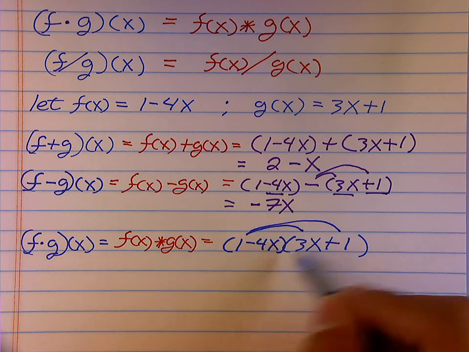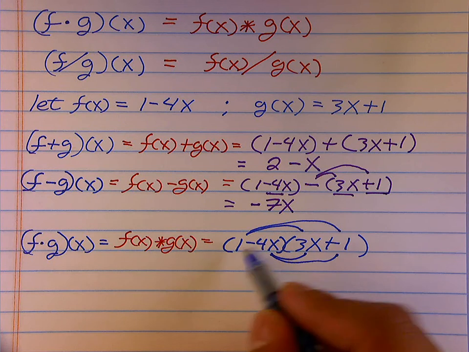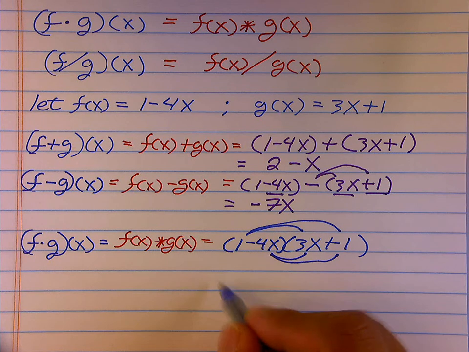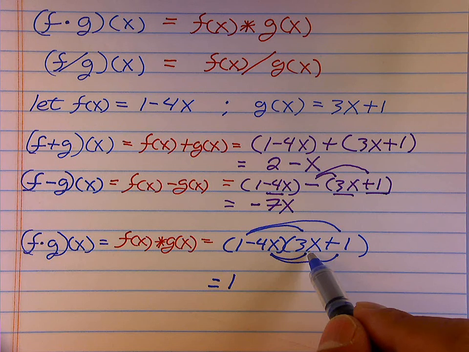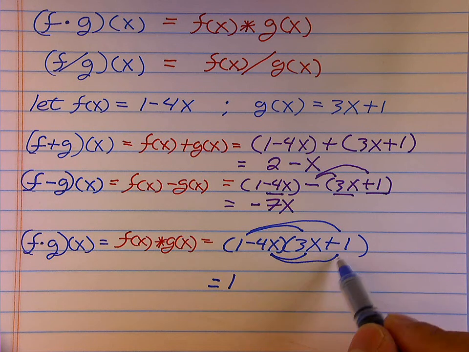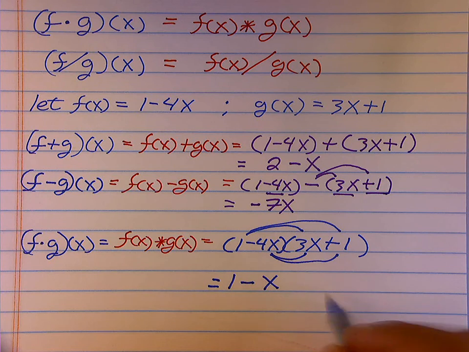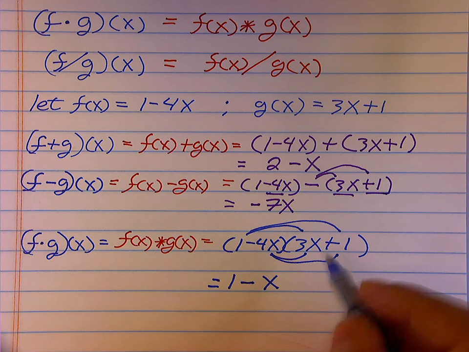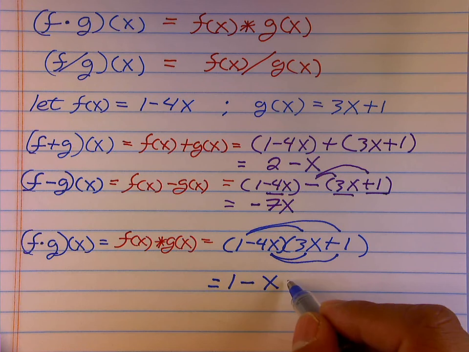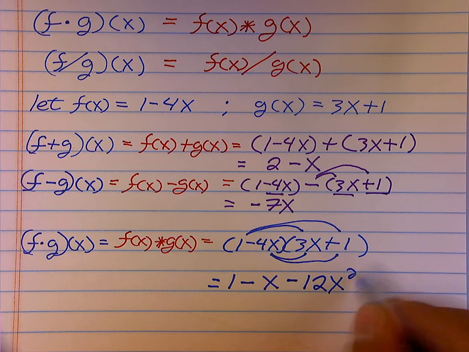First, outer, inner, last. Combining like terms gives me a 1. And I'm going to end up with a positive 3x and a negative 4x, which combines to a negative x. And then I will have negative 4x times negative 3x, giving me a negative 12x squared.